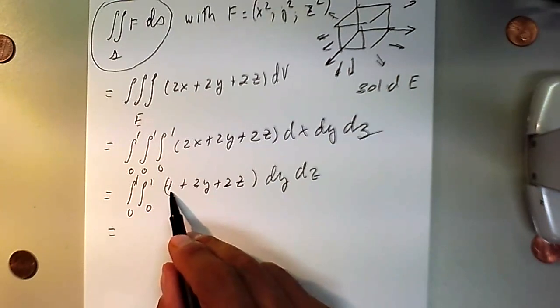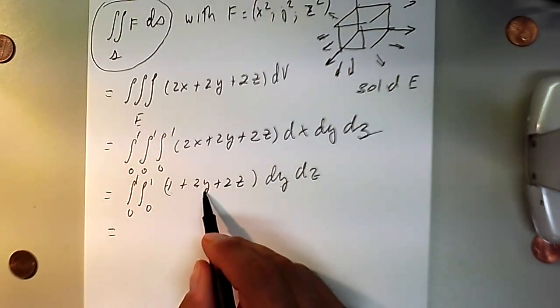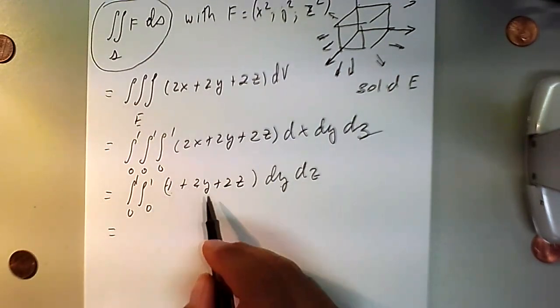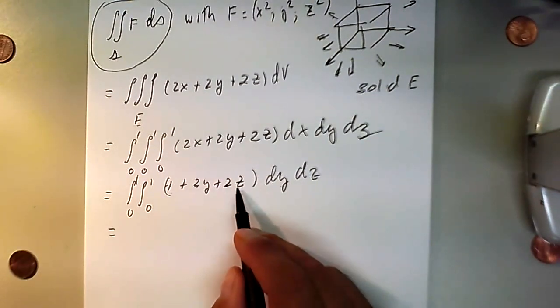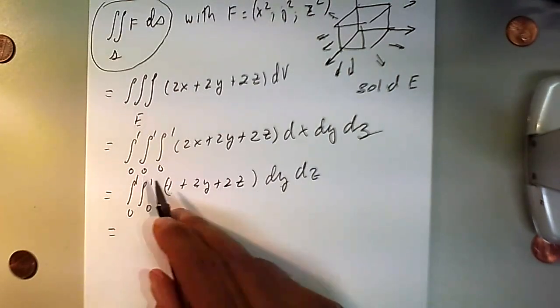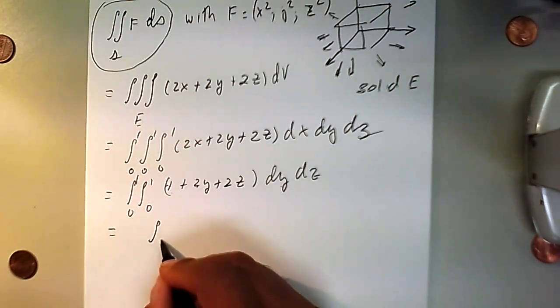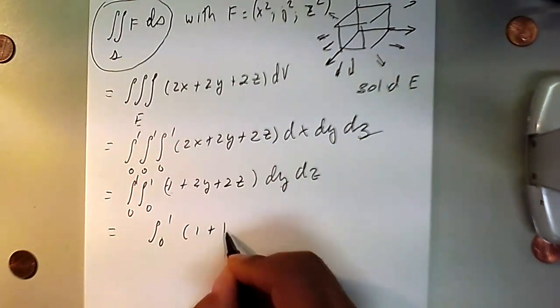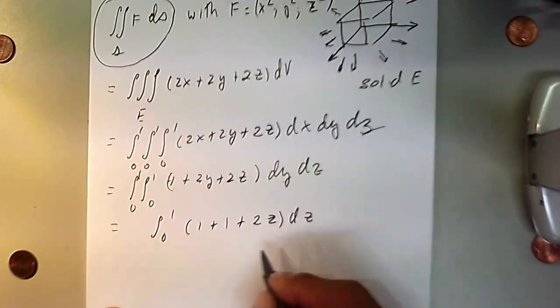Now, integrating 1 from 0 to 1 is going to give us 1. Here, we're going to end up with y squared over 2 times 2, so just y squared. We plug in 1 and 0 and subtract, so another 1. And here, the 2z will become 2zy as y goes from 0 to 1, so again we're just going to end up with 2z. So we're integrating from 0 to 1, 1 plus 1 plus 2z with respect to z.